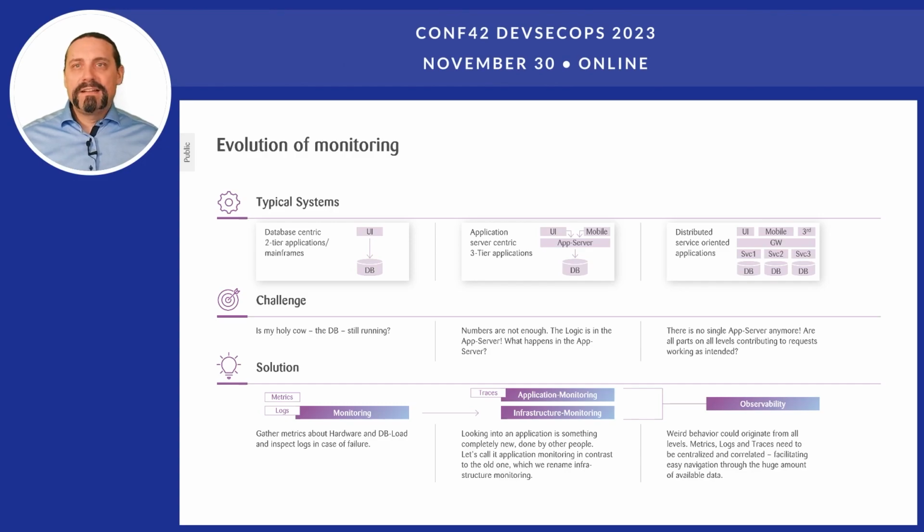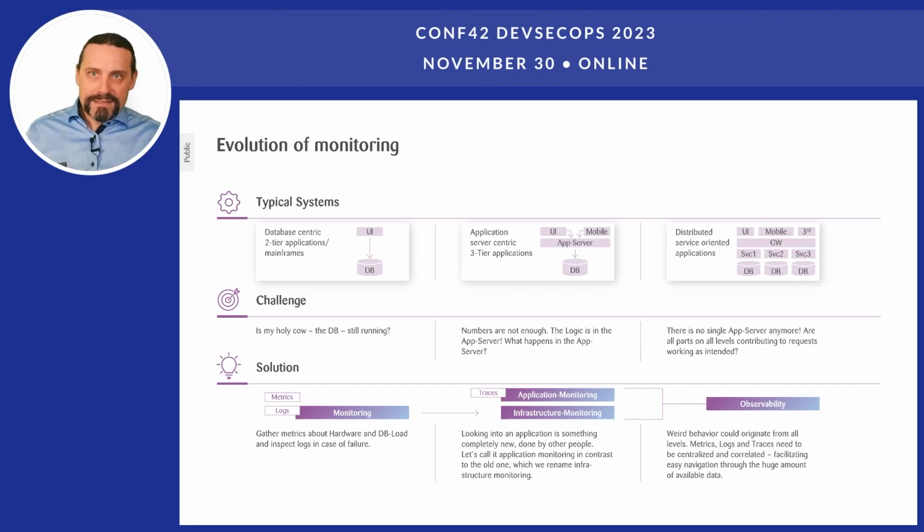In the past, we had a two-tier system. You had the UI and the database, and there you used monitoring. You had the metrics, so database size or file system size, or even CPU metrics, and you had your log statements about the health of the application.